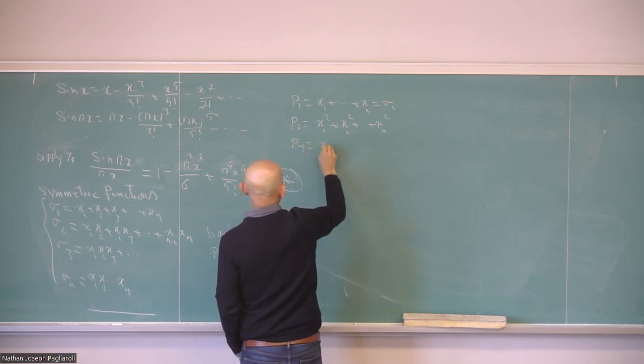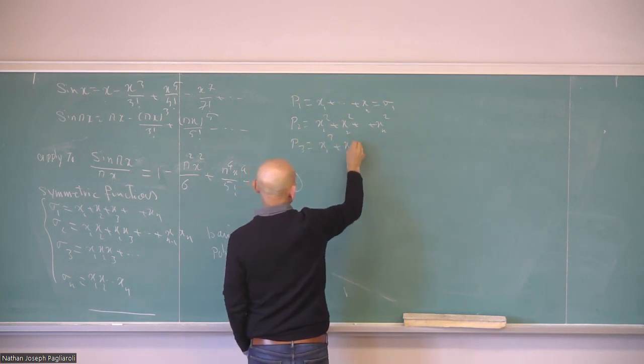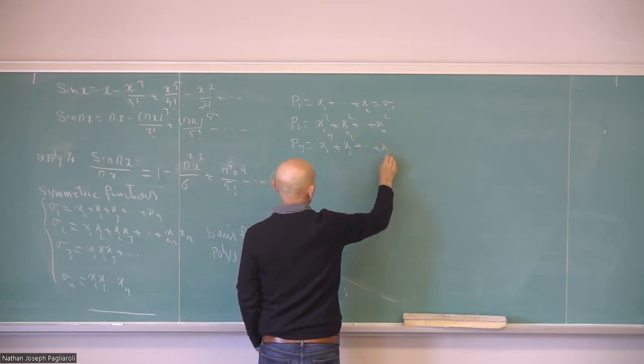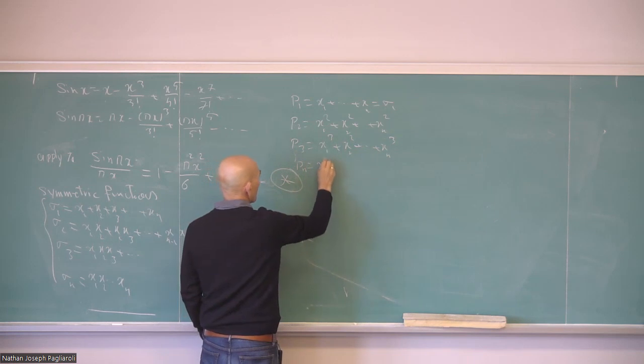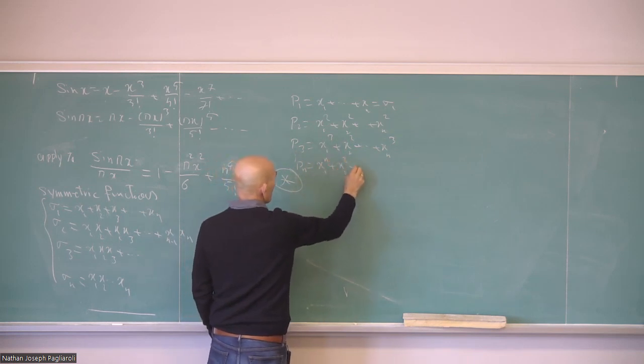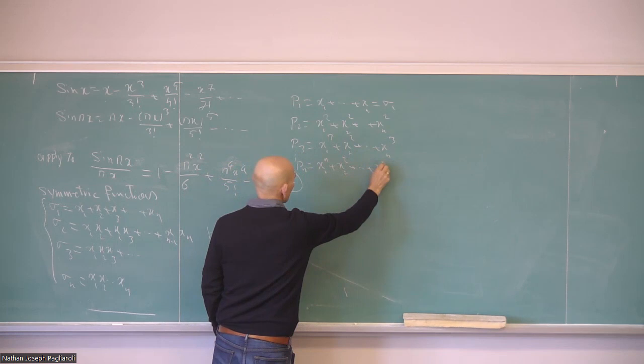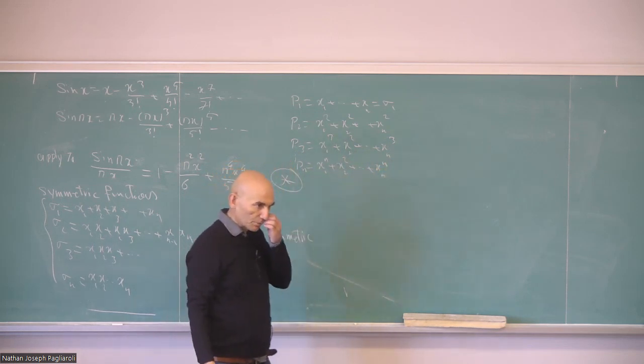P3 is x1 cubed plus x2 cubed plus up to xn cubed, and finally Pn is x1 to the n plus x2 to the n plus up to xn to the n.